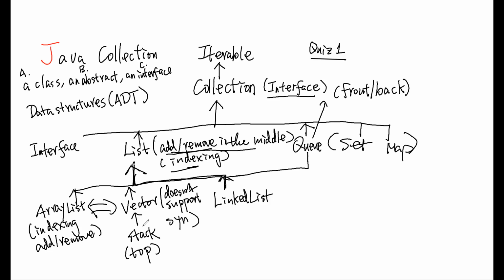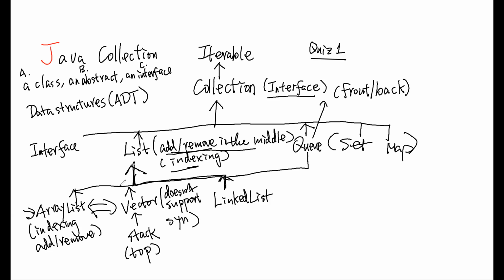So generally, when you want something like a dynamically growing and shrinking array, the best choice for the data structure is ArrayList, not vector. The idea of vector is from C++, where we also have vector.